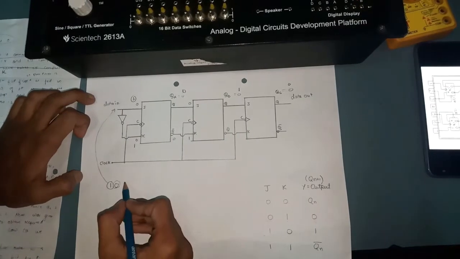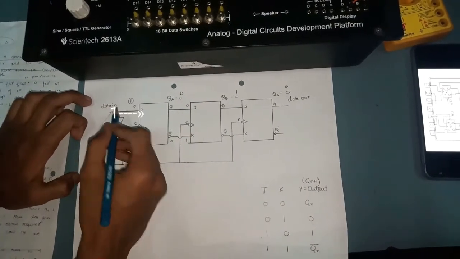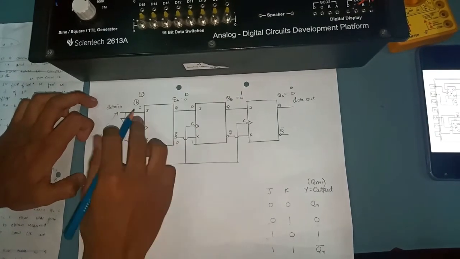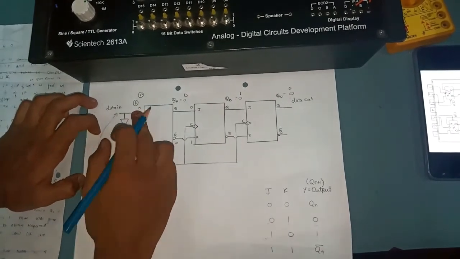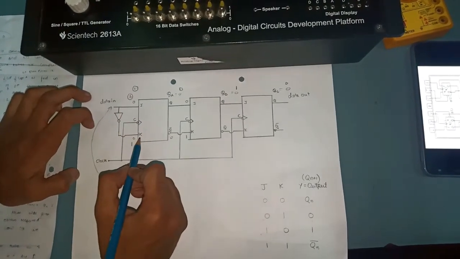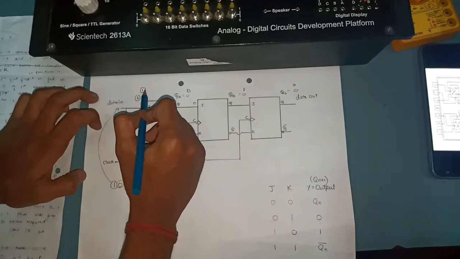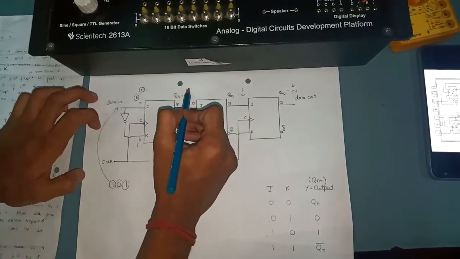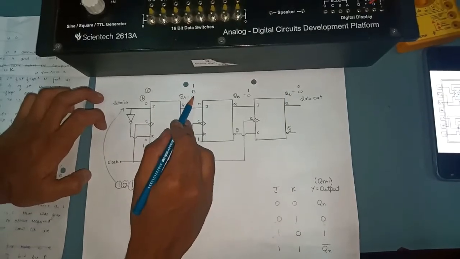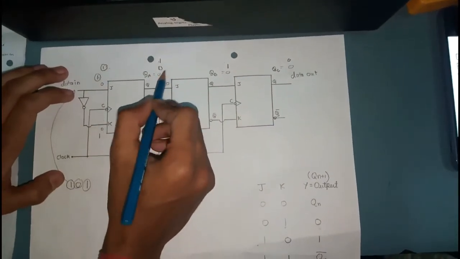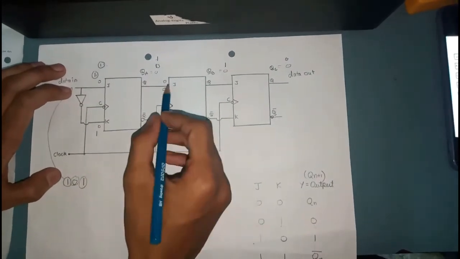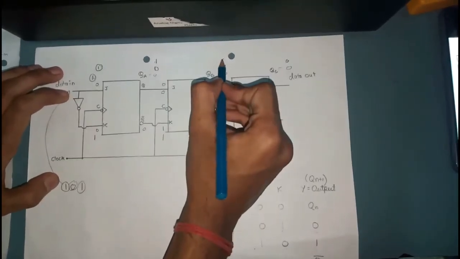For the next negative clock, we will pass 1 to the data input. For 1, J equals 1, K equals 0. 1 will be shifted from here to here, so QA will turn out to be 1. As the previous QA was 0, J equals 0 and K equals 1, so we will get QB equals 0.